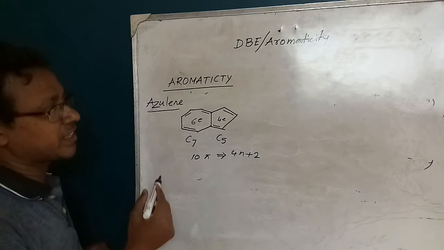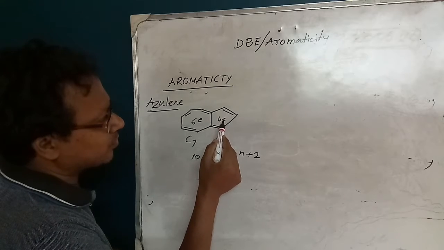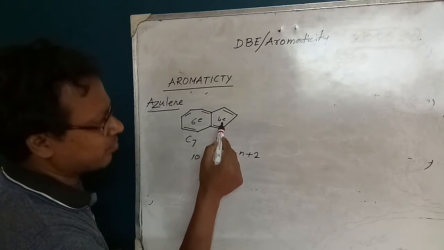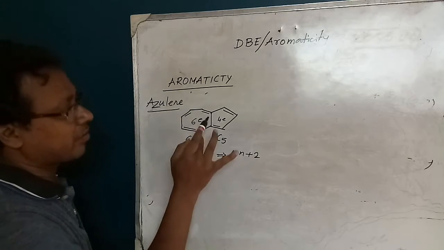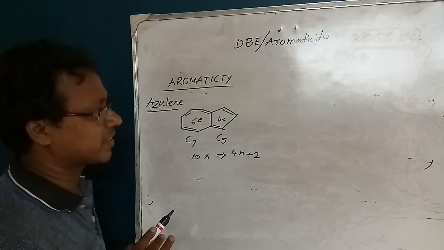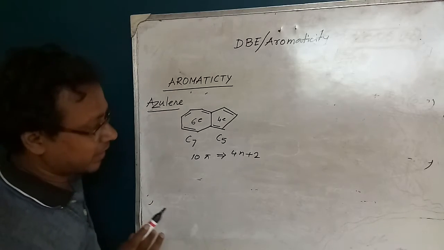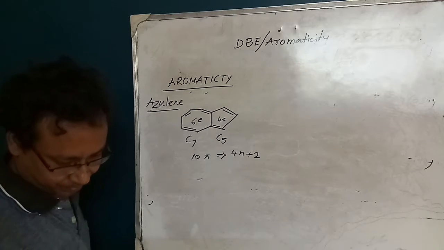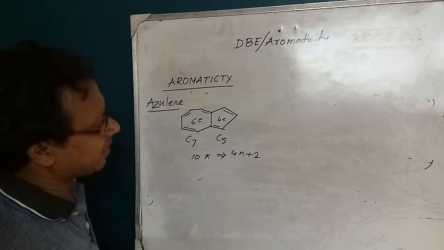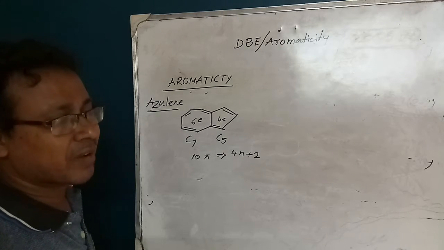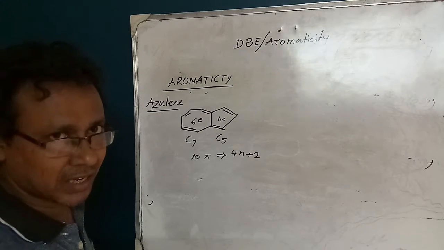Now the question is, it is a 4 pi electron system. Why is it aromatic? A 6 pi electron system being aromatic is not a problem. But why is it a 4 electron system but still aromatic? That's the bigger question. Now look here at what I am telling. If you consider naphthalene, you will find that it is never a colored compound.